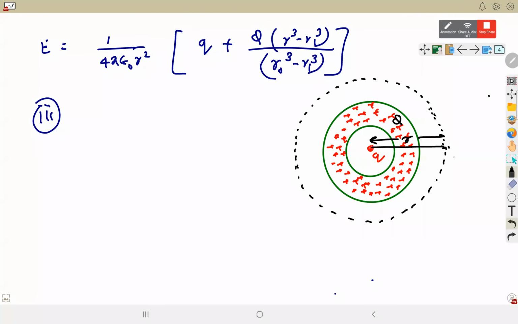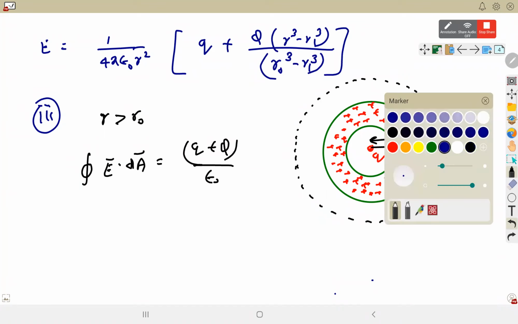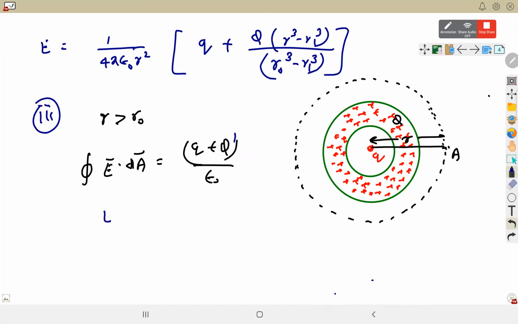So if this point P is outside, again the integral of E dot dA will be the total charge enclosed. Total charge enclosed will become Q plus capital Q. So this Q has to be included in the charge enclosed by the Gaussian surface.